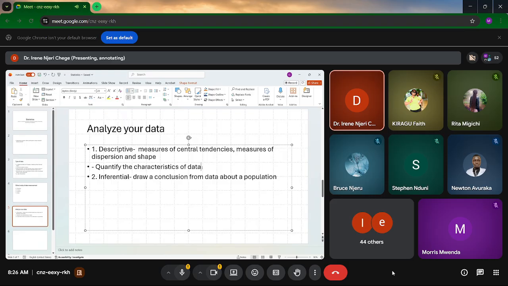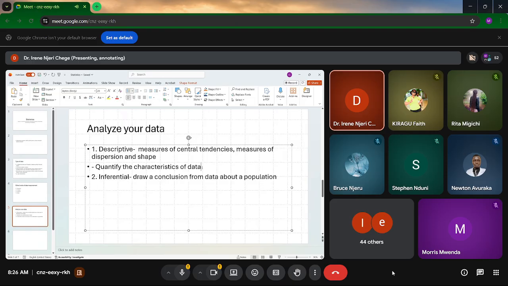You can make an inference, hence the name inferential. You can make an inference about an unknown population. Why unknown? Because you picked a sample.